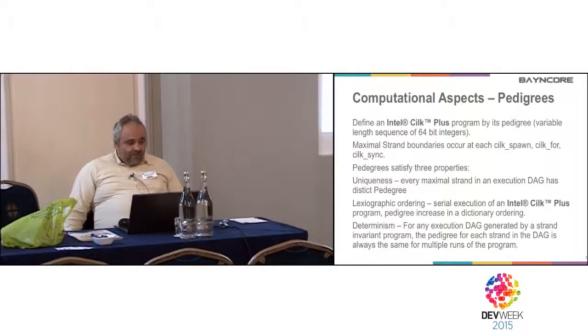And a maximal strand boundary occurs at each of the keywords, cilk_spawn, cilk_for, and cilk_sync. And they basically satisfy a number of properties: uniqueness, lexicographical ordering, and determinism. And I'm not going to go into too much detail about what that is, but that gives you an idea of how the system is able to manage the parallelization of a program, and how this under the hood parallelization and prioritization of threads is actually managed by the system.